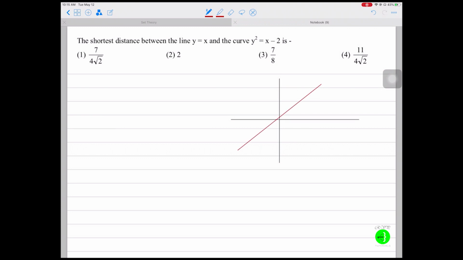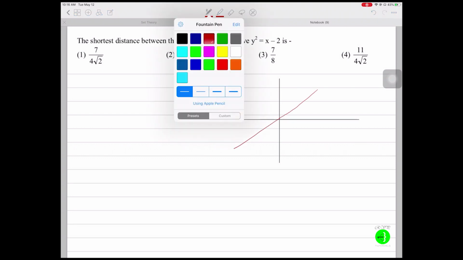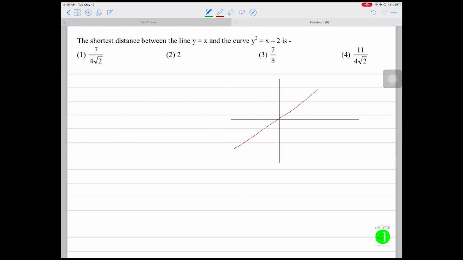Pardon me for the drawing. Something like this. And the curve y squared equals x minus 2 looks something like this, with the vertex at (2, 0). And this is the line y equals x.